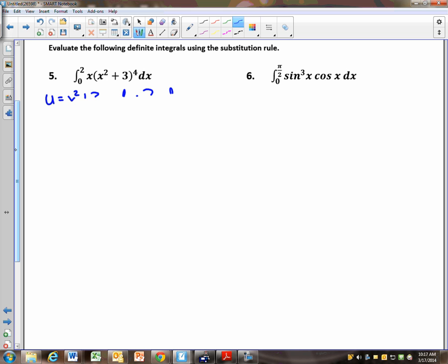She says that u is equal to sine of x. So du is equal to cosine of x dx. Do we have cosine of x dx? We sure do.